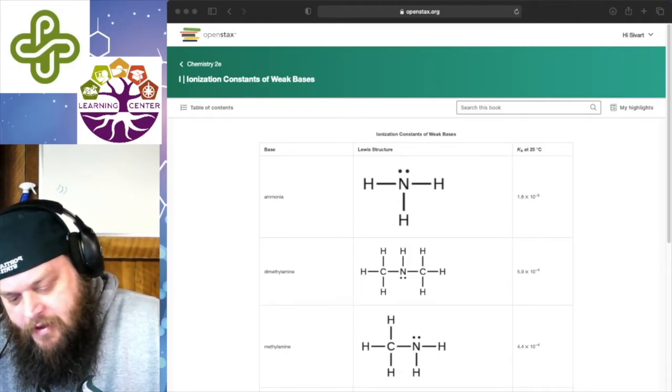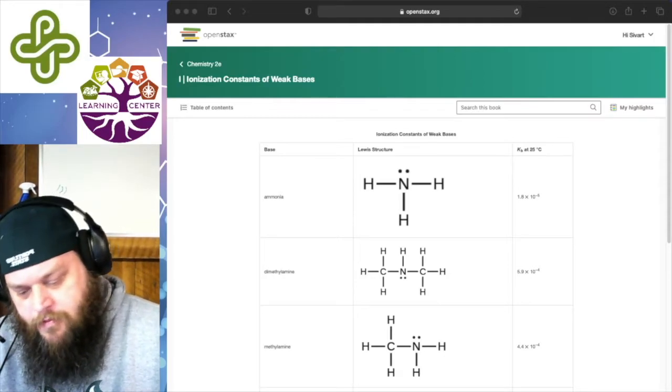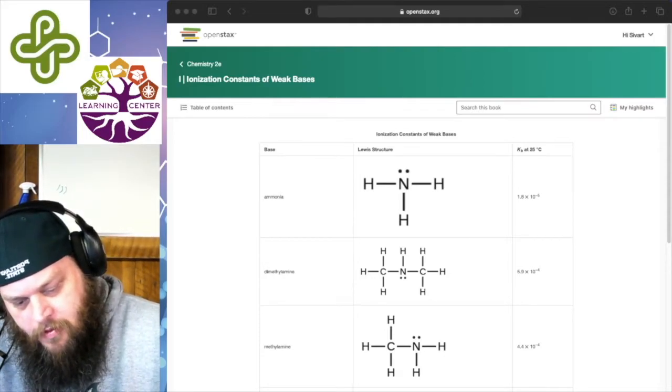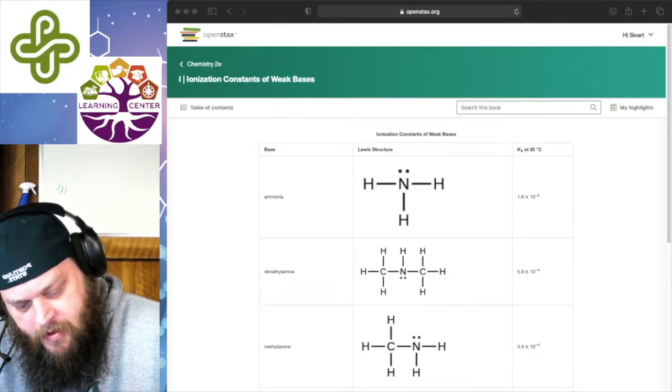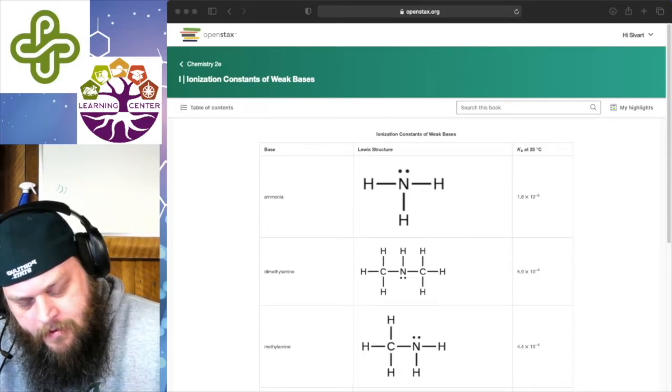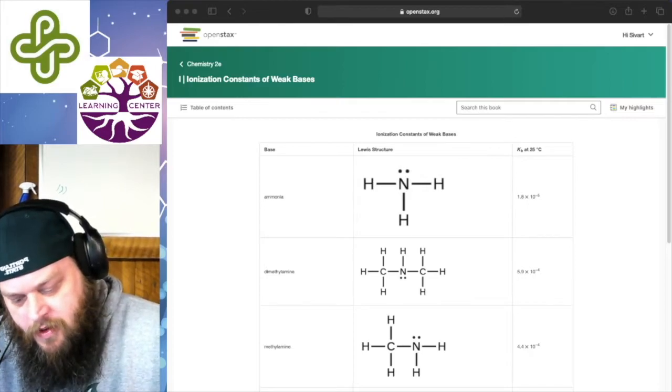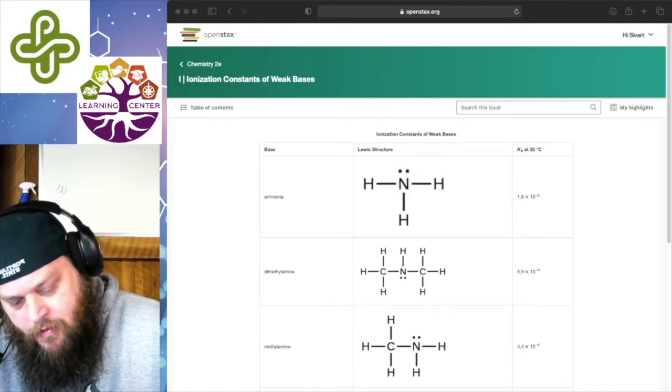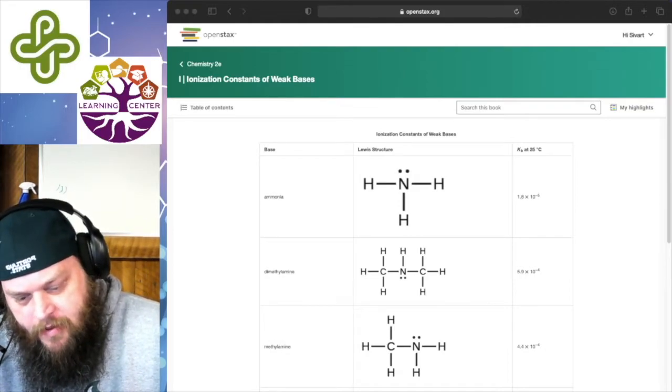So plugging these in, I'm going to do what's under that square root first. 1 squared minus 6.3 e to the negative 5. So that's really close to 1. We have negative 1, then plus that, divided by 2.